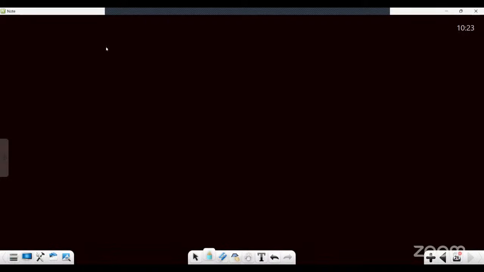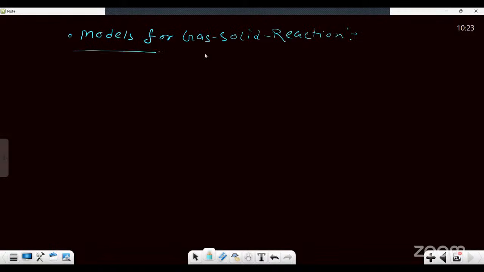Now let us see models for gas solid reaction. There are basically two types of models.